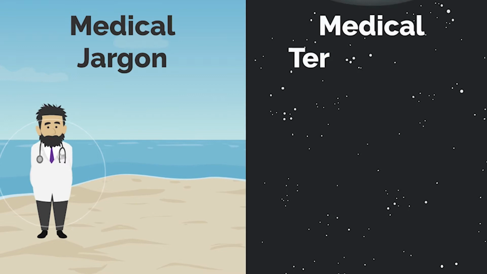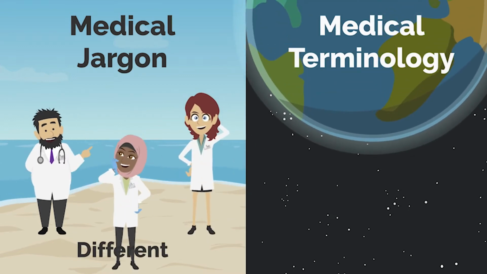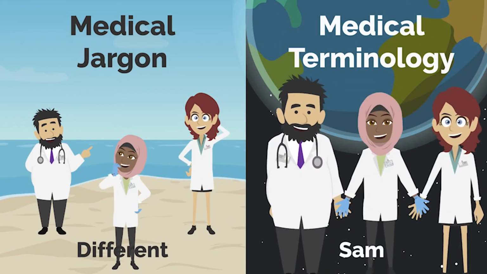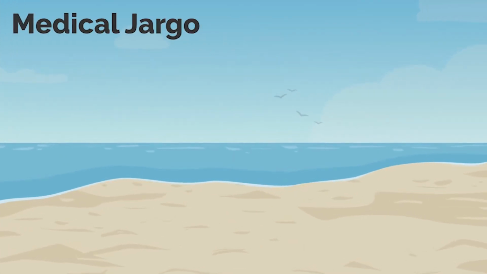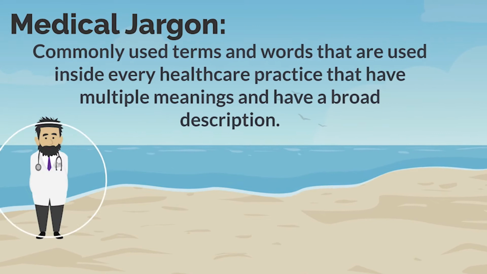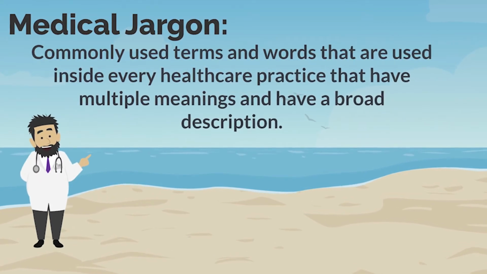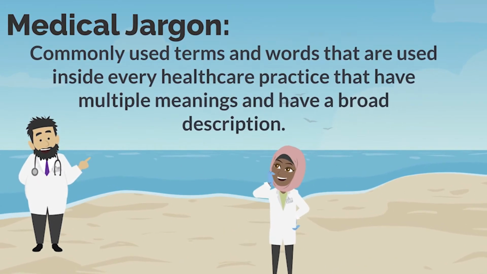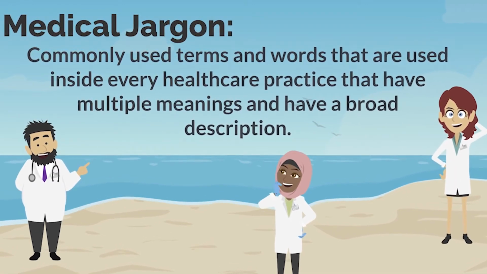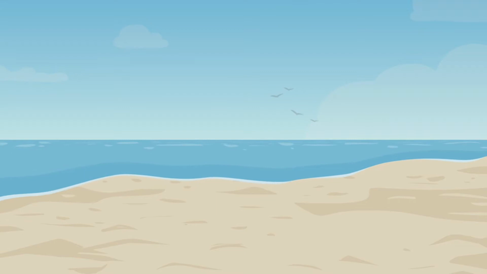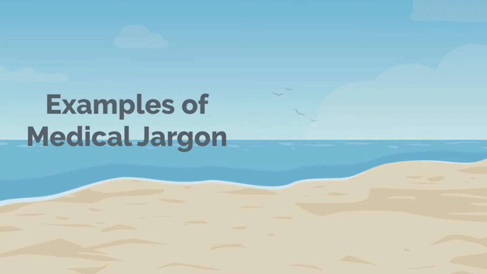In the next line of business, we are going to look at medical jargon and terminology and differentiate the two. Medical jargon is commonly used terms and words that are used inside every practice. They have multiple meanings and a broad description, and they differ from office to office. Medical jargon are commonly used words with broad meanings.